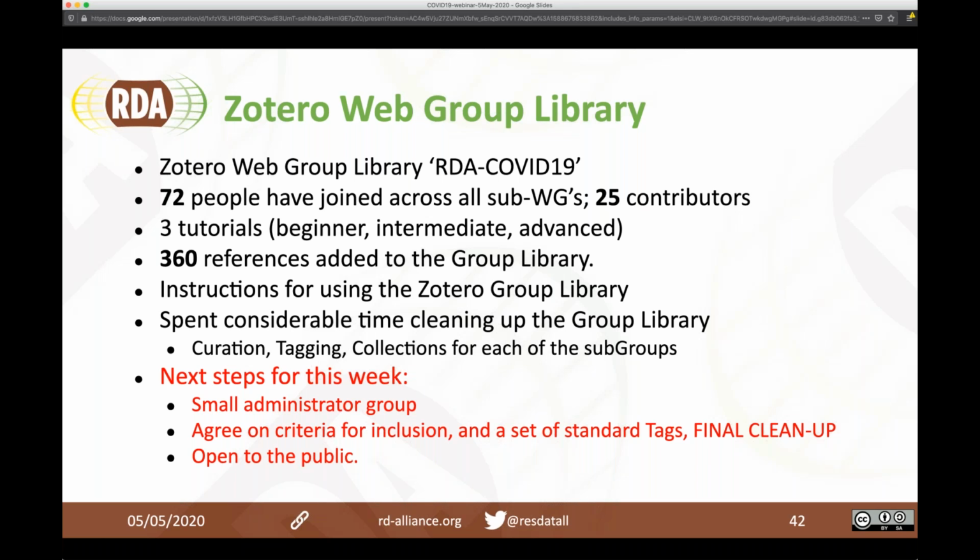Since quite a large number of people are contributing, we're now approaching midway in this effort, and it's time to do some housecleaning in all the subgroups. We need to do a really good cleanup of which references and resources are going to remain in the library and which need to be tidied up. For example, it's important that every resource have at least an author and a publication year.